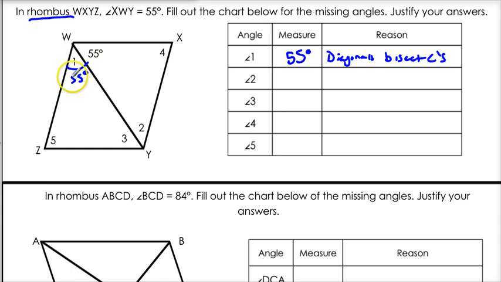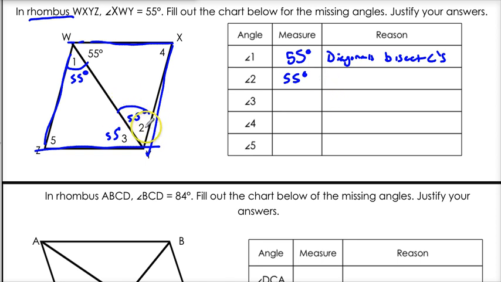Okay, so now for angle 2, well, this also must be 55, and this must be 55. So angle 2 is 55. Now this is the same thing as last time. Now you might remember, since these two lines are parallel, I know that these two angles are alternate interior angles.